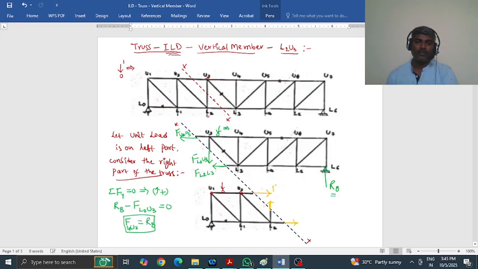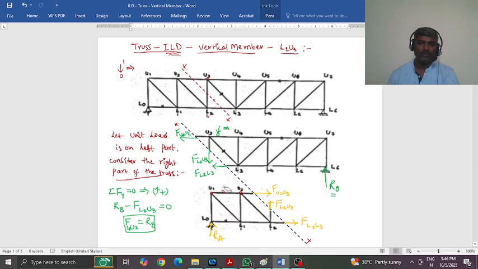So this force FU2U3 is the horizontal force here, FL2U3 is the vertical force, and FL2L3. These are the three forces, and obviously the support reaction, let us say RA. So these are the forces acting on this left part.